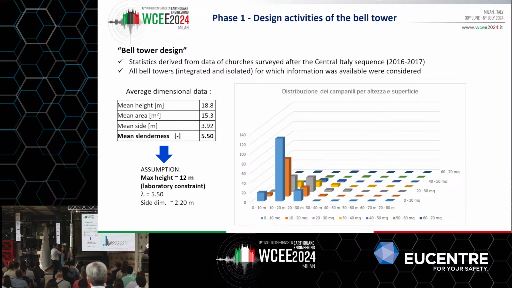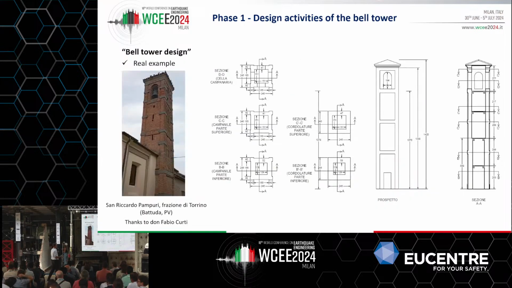So that means that we have a laboratory constraint, which is the maximum height of the tower, that ends up to be 12 divided by 5.5, a side dimension of about 2.2, 2.3 meters. So this was the basic idea to design this tower.